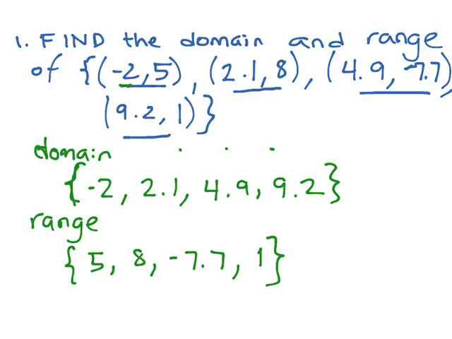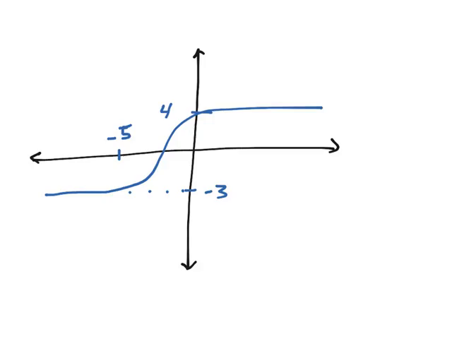Now let's try doing this for a graph. Here's our graph. Now, let's assume this line stretches on forever in both directions. What are the domain and range for the function expressed by this line? Now, the domain is the set of all possible x values.